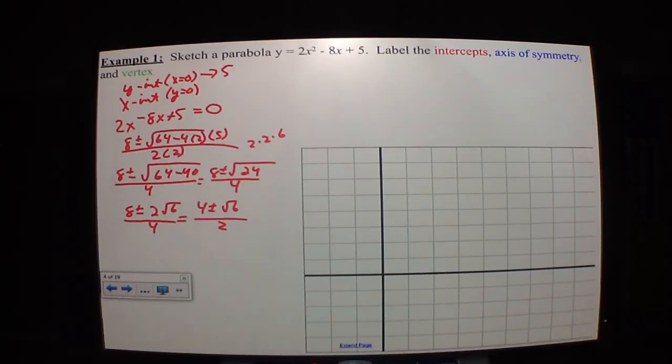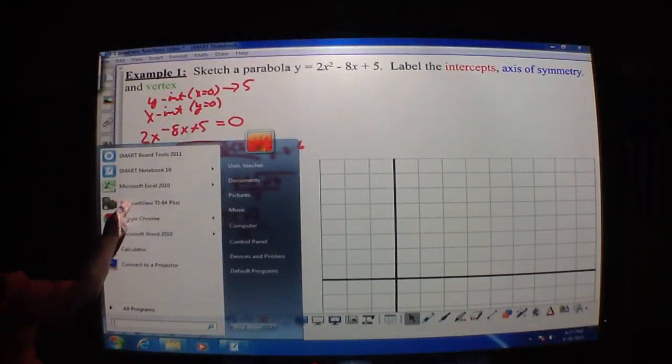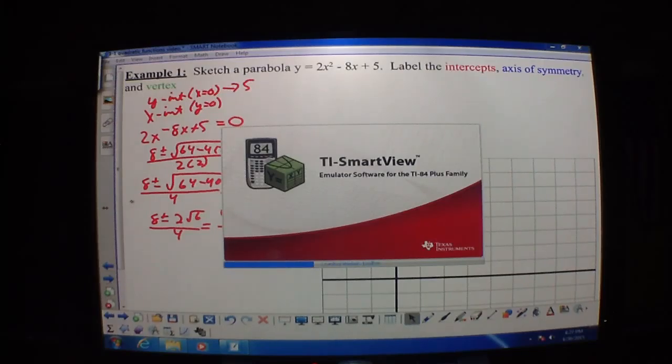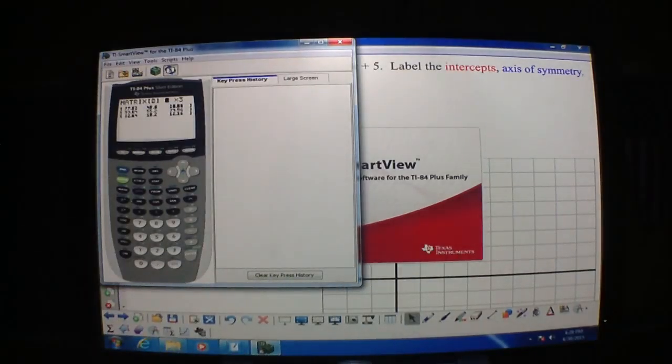So what you would do to find the intercepts is pick up your calculator. Let me put the number in my calculator and see what I get.